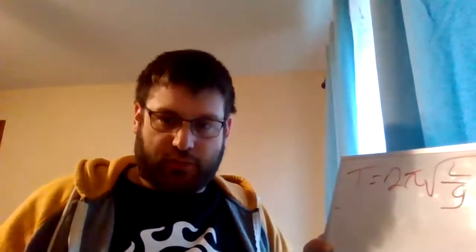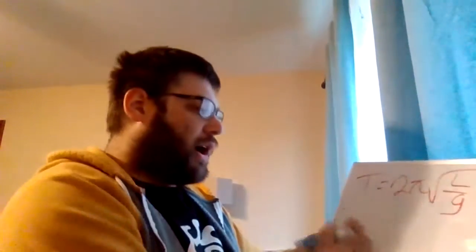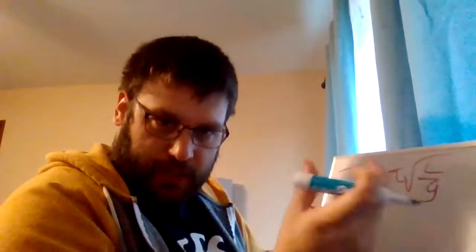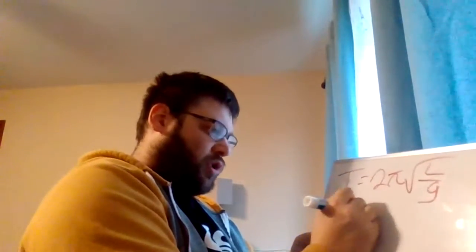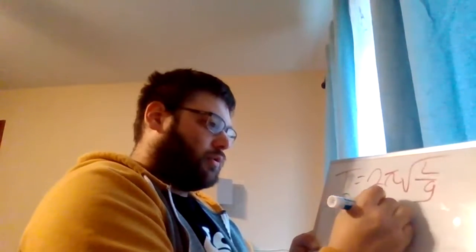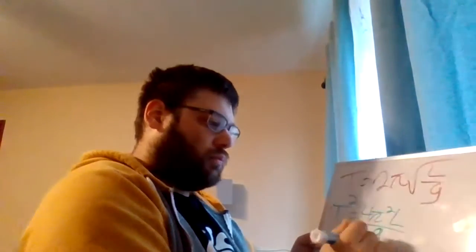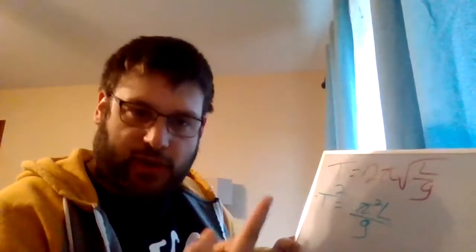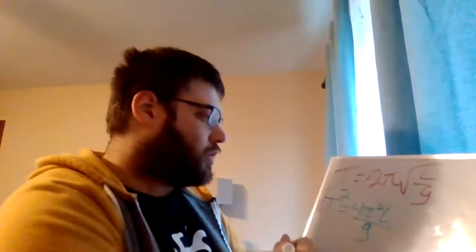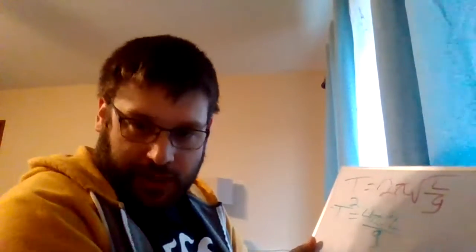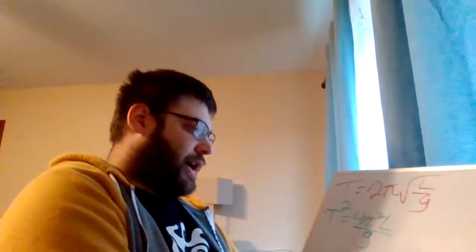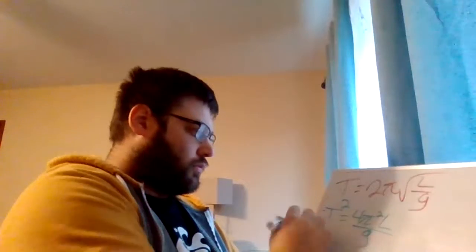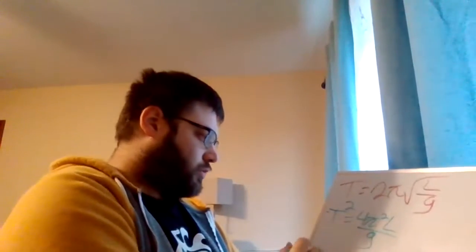So let's say you want your period to be 1 second. I'm going to use the T-squared version, because I want to solve for L. Let's say for this problem, I want my T to be 1. So obviously 1 squared is going to be 1, and we'll rearrange it first.